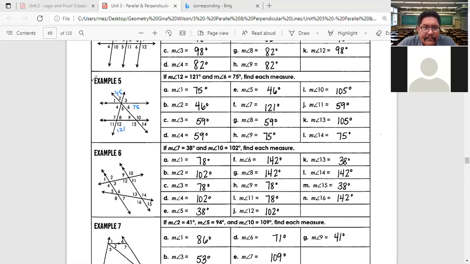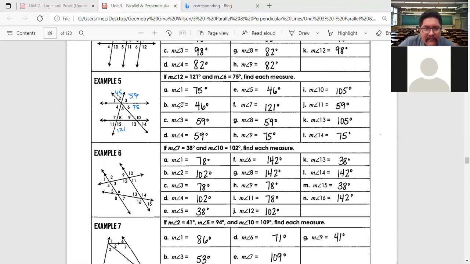Angle number 3. We're going to do the same thing. If we add angle 2, angle 3, and angle 6, that would come out to 180. So how did they get 59? Well, see what's missing from that. That would be 45 plus 75, and then subtract that from 180, and that's how they managed to get 59.